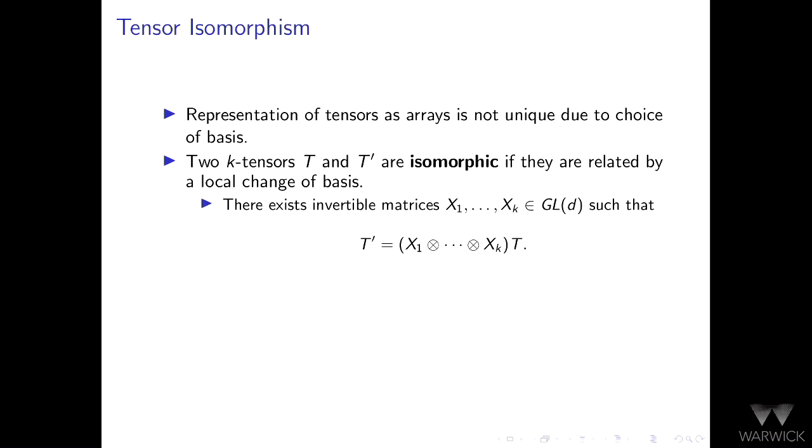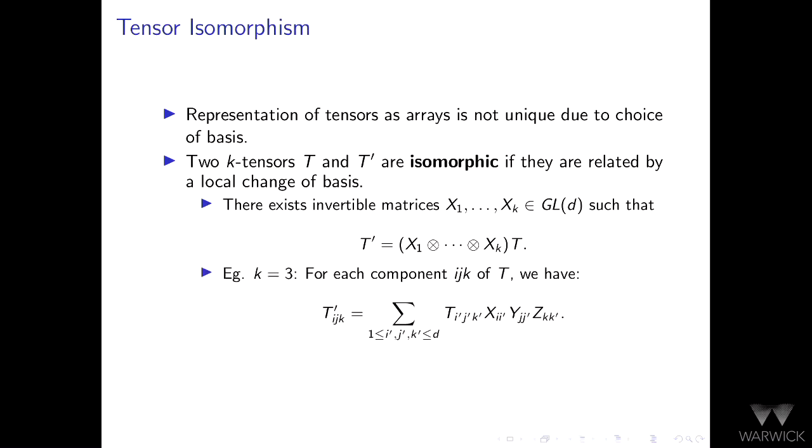In other words, there exist invertible matrices x1 up to xk, such that when you apply the tensor product of those matrices to t, you obtain the tensor t prime. If this is a bit too abstract, these equations can also be written component-wise. If we expand this equation component-wise, we get this equation for each component of our tensor t.